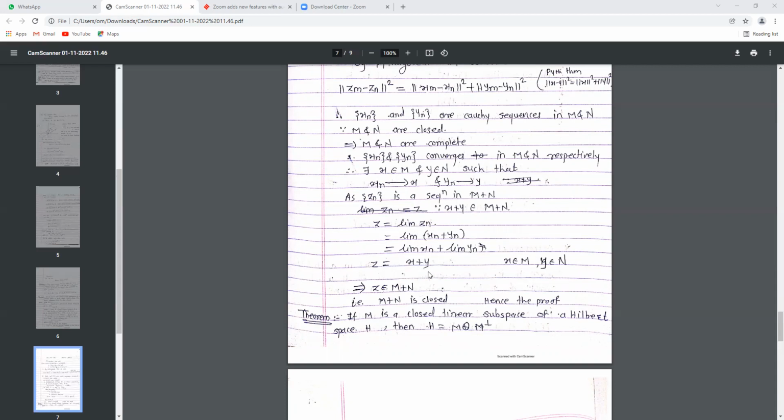That gives Z equals x plus y, and x belongs to M and y belongs to N, which implies that x plus y belongs to M plus N. This implies that Z belongs to M plus N, and we had taken Z as a limit point from M plus N. That means M plus N is a closed space, and this completes the proof.